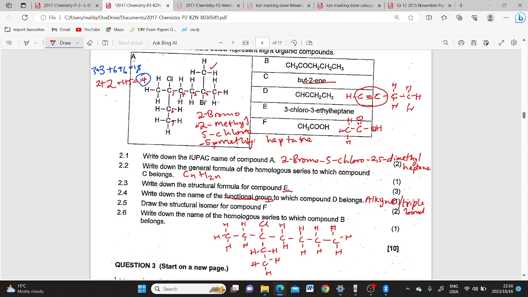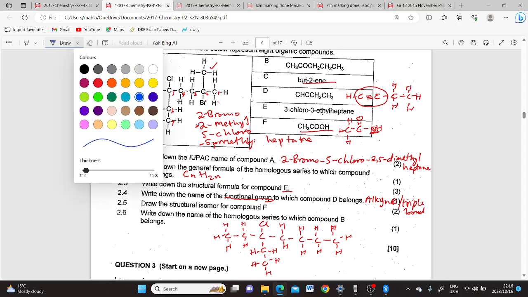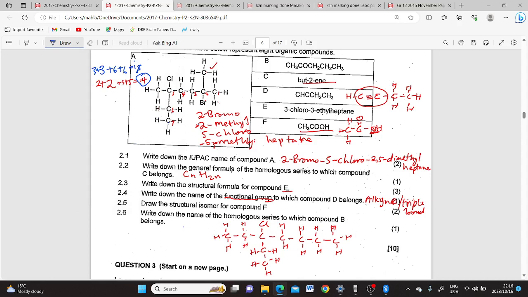Now if you look at this one, it is a carboxylic acid. Now we need to change this carboxylic acid to an ester. So an ester, it means this oxygen here is going to join these two carbons. So let's write it in blue. So of course we can erase this one here.